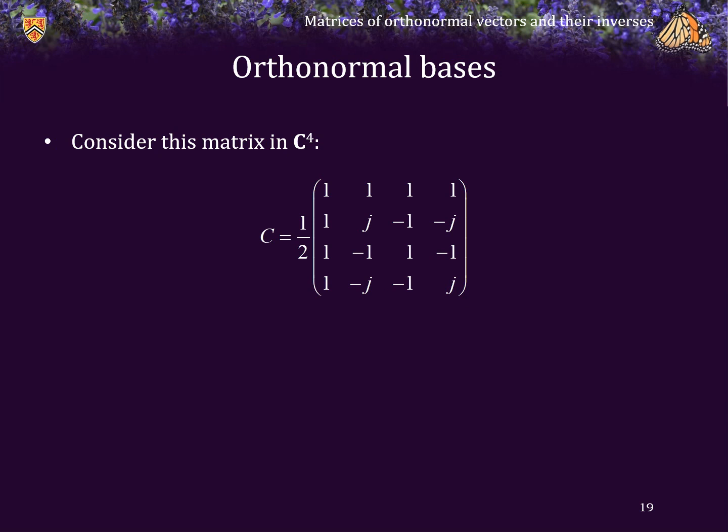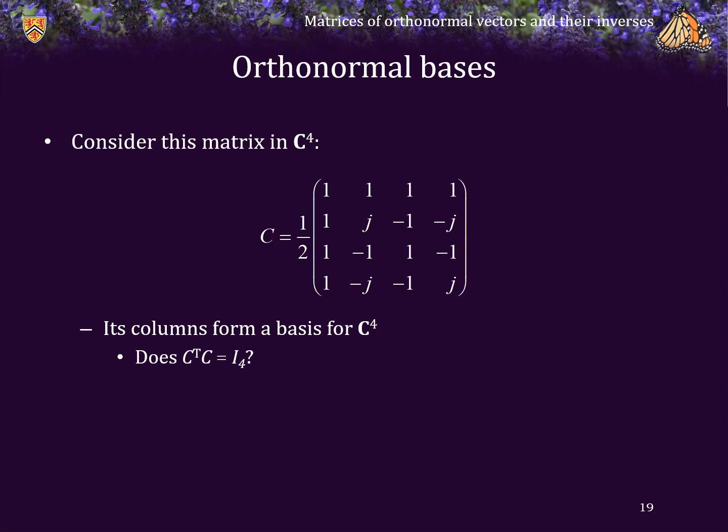The second column has j raised to the powers 0, 1, 2, and 3. The third column has -1 raised to the power 0, 1, 2, and 3. And the fourth column has -j raised to the power 0, 1, 2, and 3. Once these are multiplied by 1/2, the columns do form a basis for the four-dimensional complex vector space.